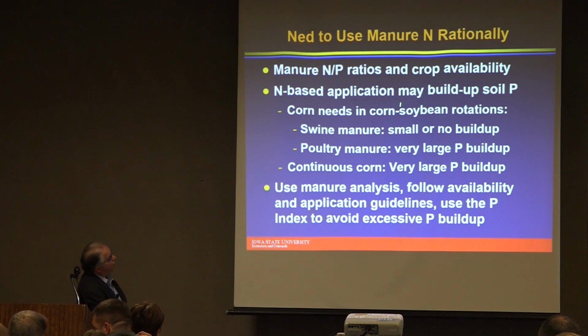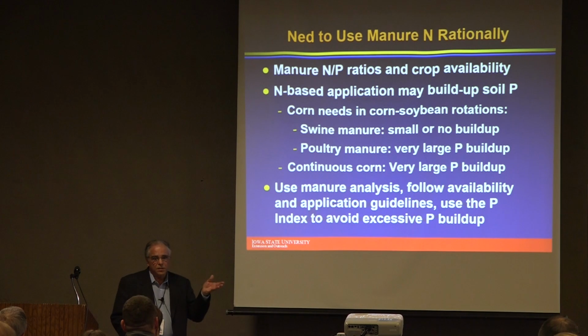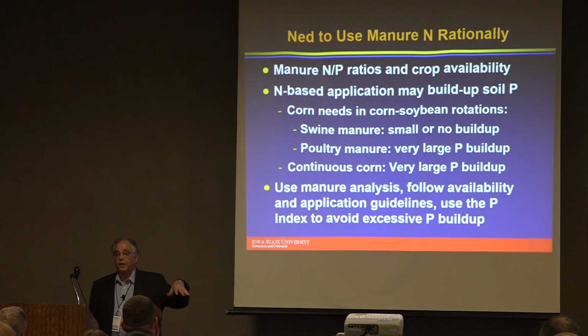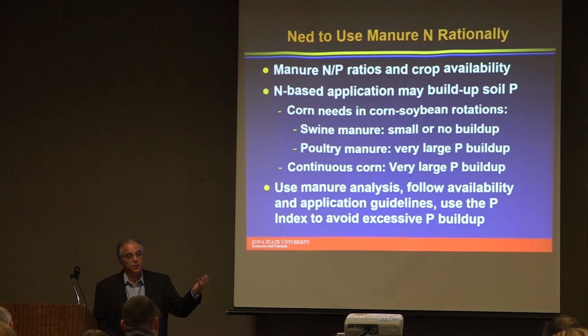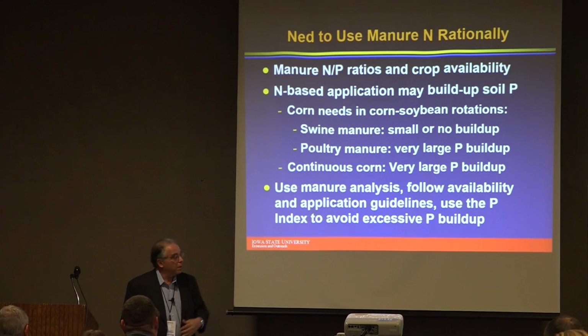So then, if we apply N-based manure with swine manure for corn soybean rotations, seldom is there a buildup. In fact, now, because of the use of phytase and other things, we may need more phosphorus for the second year soil. Okay.